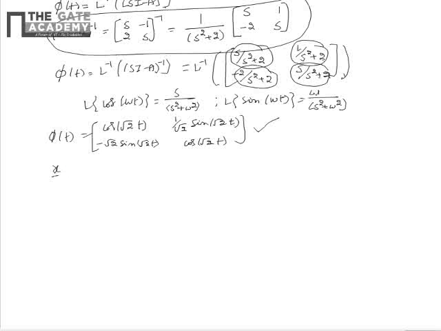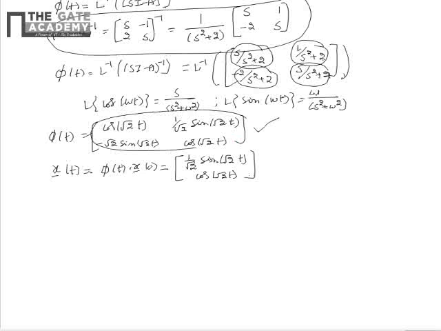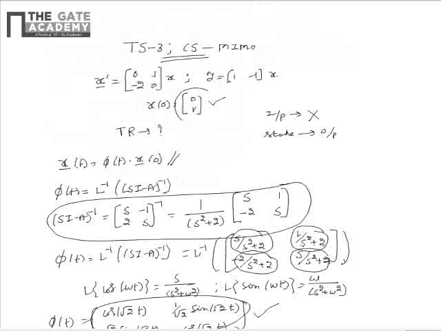From this, the state response due to the initial condition can be written as x of t is equal to phi of t multiplied by x of 0, which can be obtained as [1 by root 2 sin root 2 t; cos of root 2 t]. So this is obtained by multiplying phi of t with x of 0 given.